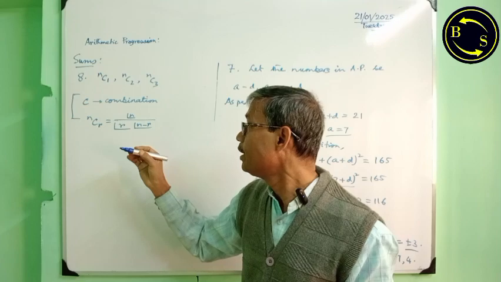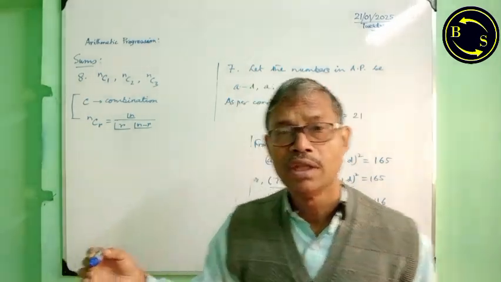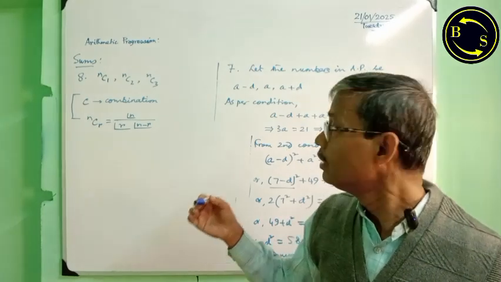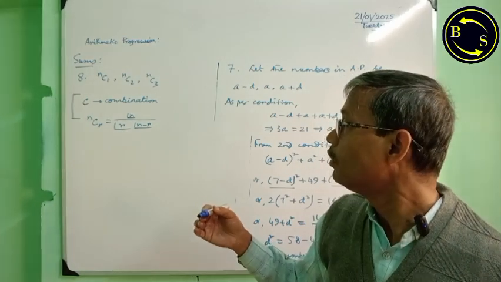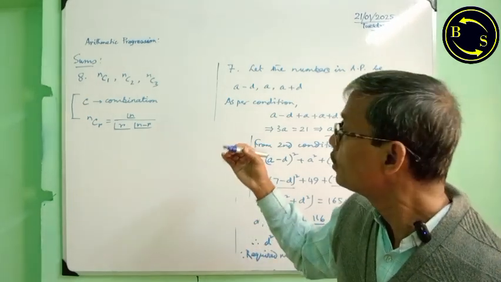Actually, when I shall discuss the topic permutation and combination, detail will be discussed. Just here I use the value or meaning of nCr to solve this sum.